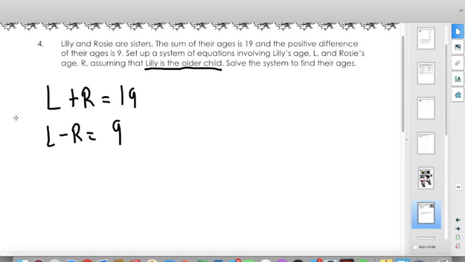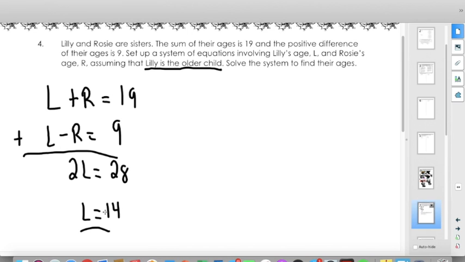Now, solve the system to find their ages. If you look, I don't have to do anything. I can literally just add these up because we have a positive R and a minus R. So if I add those two together, they're going to just cancel out. So then I have 2L is equal to 28, divided by 2, divided by 2. So L is equal to 14.